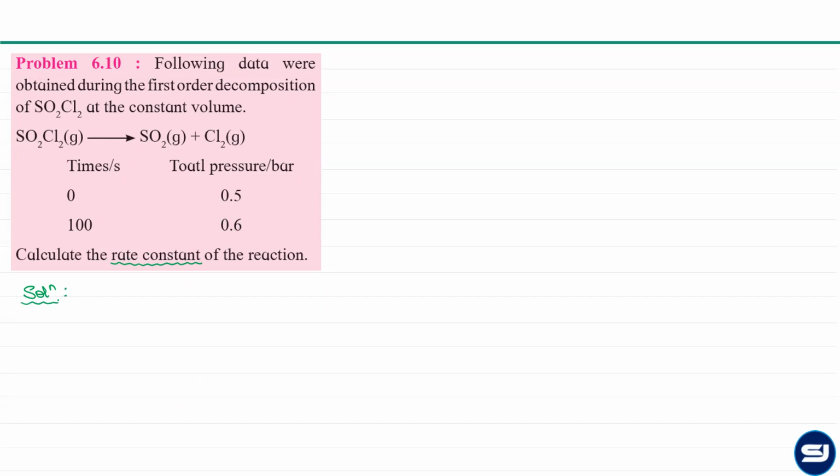As of now, we had the formula to find the rate constant when the concentration of the reactants initial and after a time t was given. But now the time versus the total pressure is given. अब यहाँ पर हमें total pressure नहीं चाहिए. We want the pressure of the reactant only.